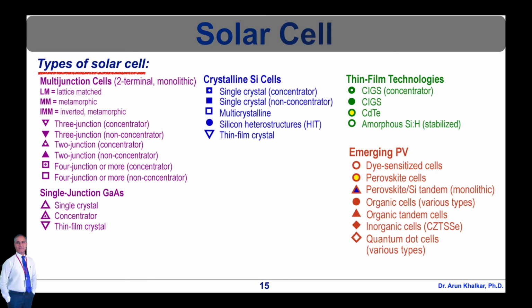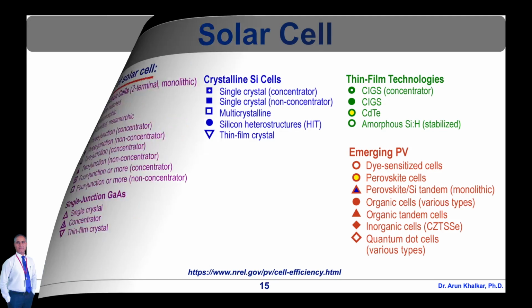These areas are dye-sensitized solar cells, perovskite solar cells, perovskite silicon tandem monolithic solar cells, organic solar cells, organic tandem cells, inorganic cells and quantum dot cells. So there are several types of solar cells depending on the manufacturing or synthesis processes and the types of materials. These types of solar cells have been divided.